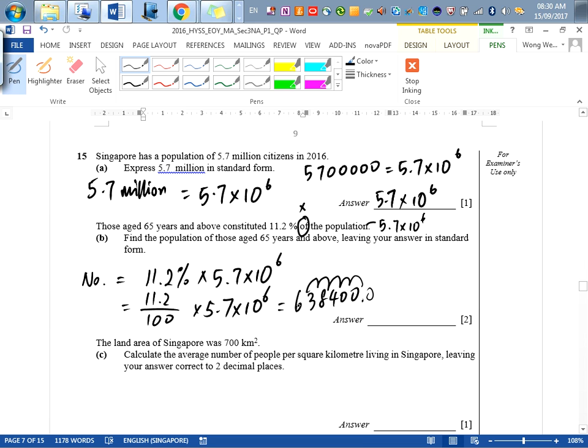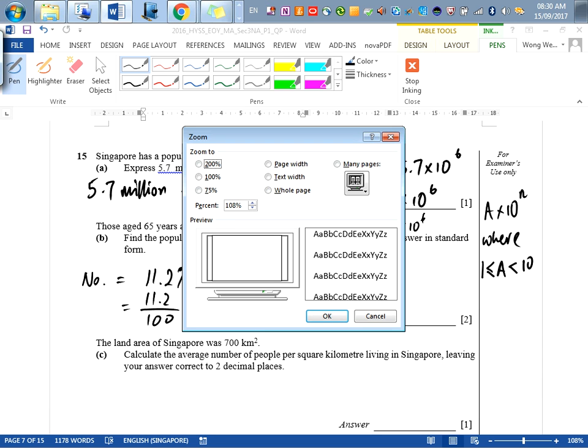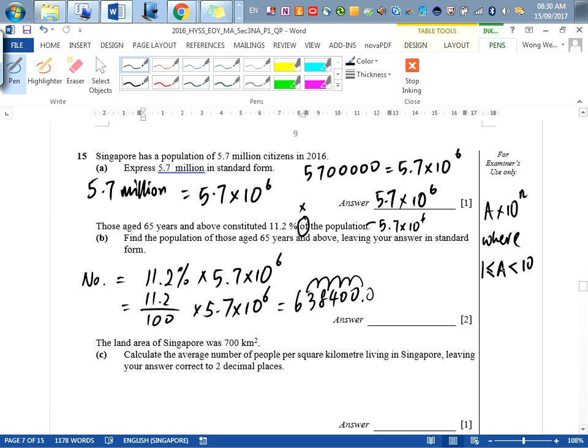Because standard form looks like this: A times 10 to the power of n, where A is greater than or equal to 1, but smaller than 10. The first number in your standard form is between 1 and 10. It can be 1, but it cannot be 10. So it can be 9.99999, but it cannot be 10. The smallest value of A is 1. You cannot have 0 point something for your standard form.